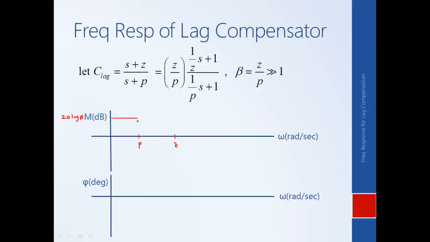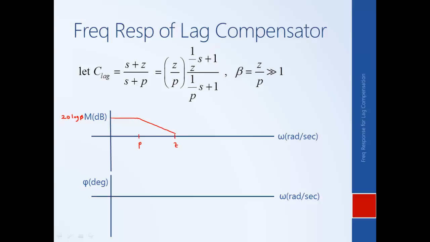So initially we're flat. When the pole enters in, the pole adds a slope of minus 20 dBs per decade. So the slope will start to go down. When the 0 comes in, the 0 adds a positive slope of 20 dBs per decade.